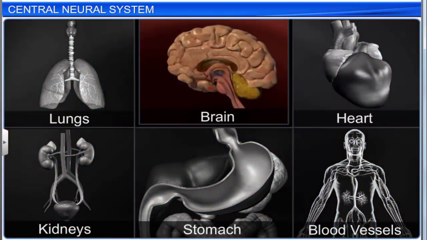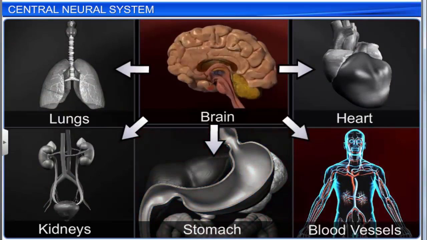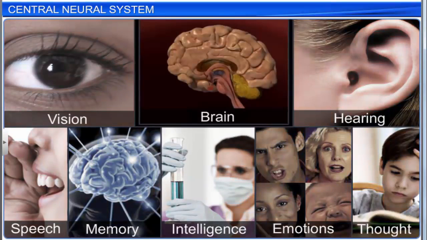It controls voluntary movement as well as the involuntary movement of organs such as the lungs, heart, kidneys, stomach, blood vessels. It also controls the processes of vision, hearing, speech, memory, intelligence, emotions, and thought.